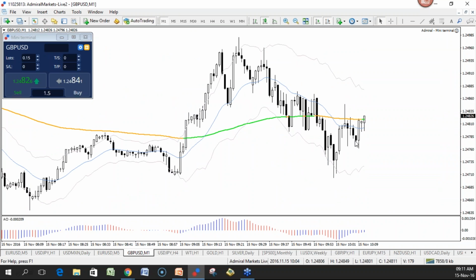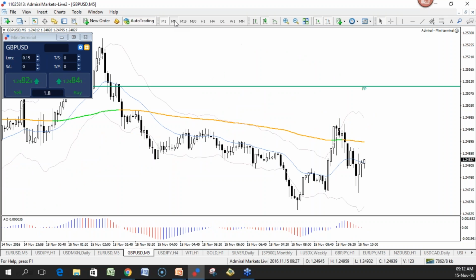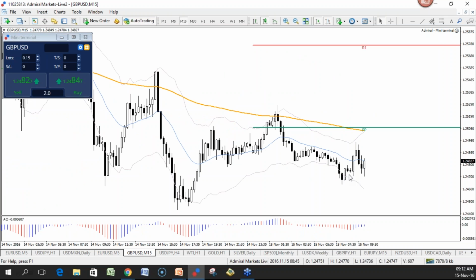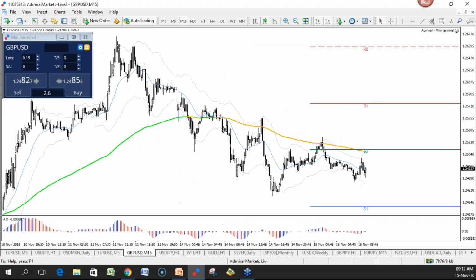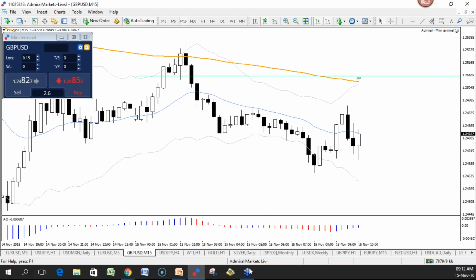One, two, three, four, five, six. This looks like a hook back already, indeed. One, two, three, four, five, six, seven. So let's see. It looks like a potential bouncing spot right now.